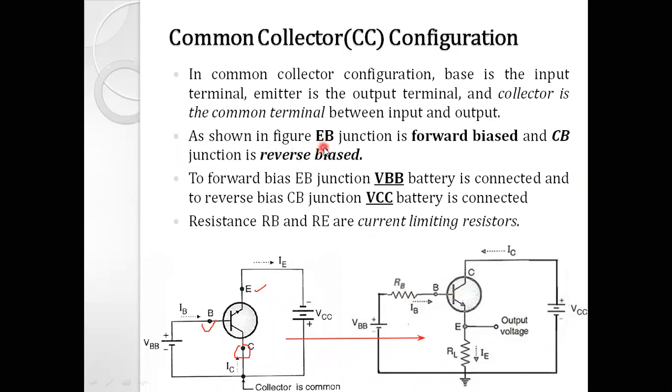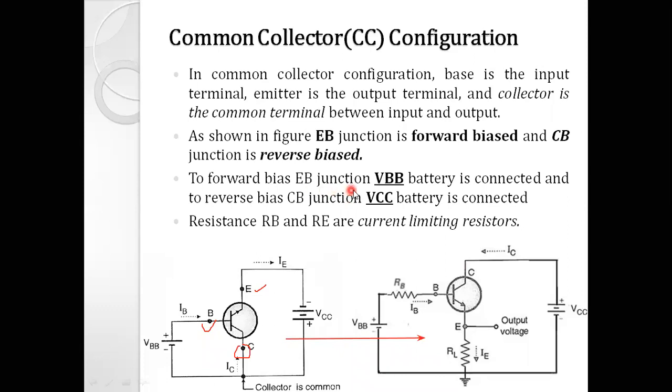As shown in the figure, the EB junction is forward biased. The EB junction, that is over here, the base emitter junction, is forward biased due to this VBB supply, and the collector base junction, that is this one, is reverse biased, right?